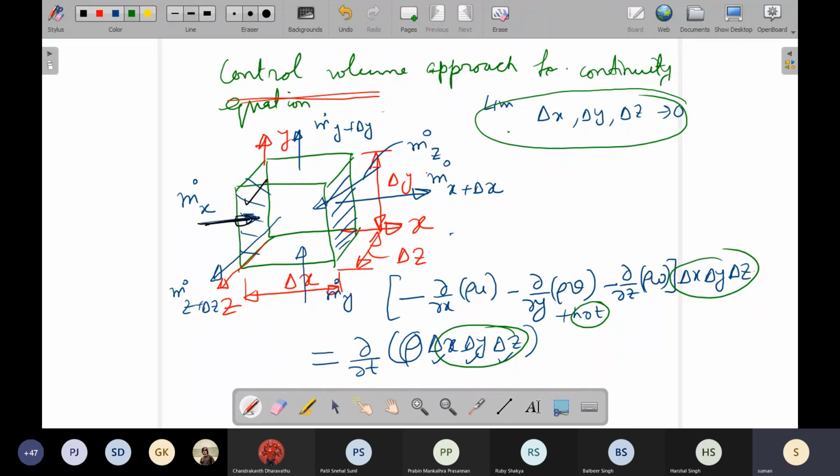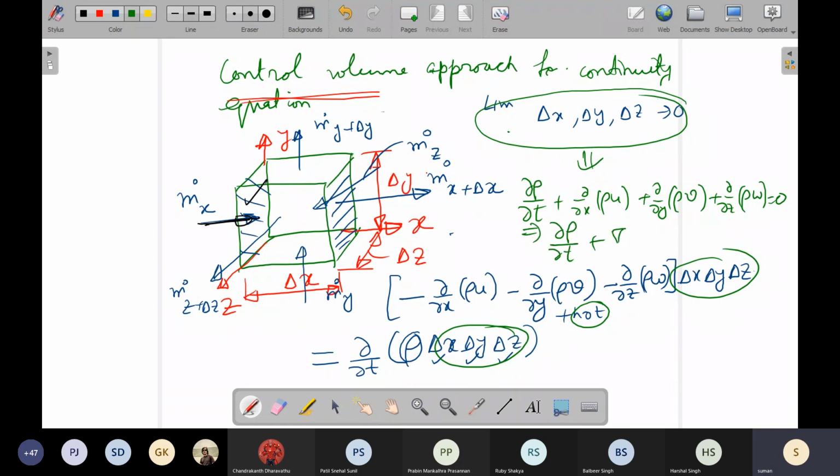So if we do that, then it boils down to, if you bring all the terms to the right hand side, so you will get this. So again the same continuity equation back, but now purely from an Eulerian approach of derivation.